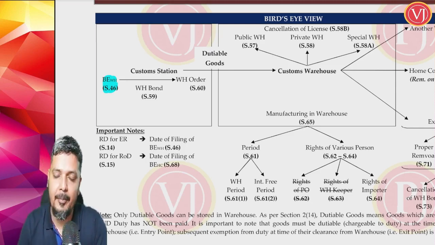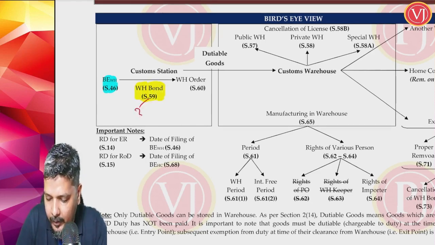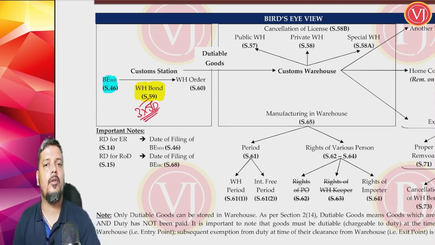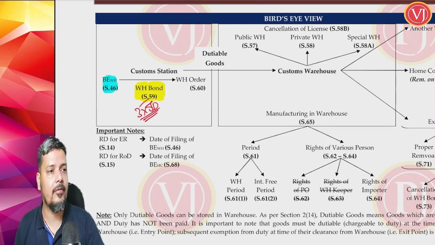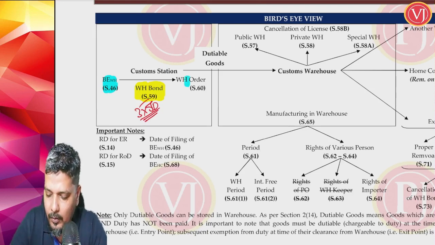There you will not make the payment, you will give a bond, that is warehousing bond under section 59, where the bond value is 3 times the amount of import duty. And once you give a bond, officer will give you warehousing order, section 60.